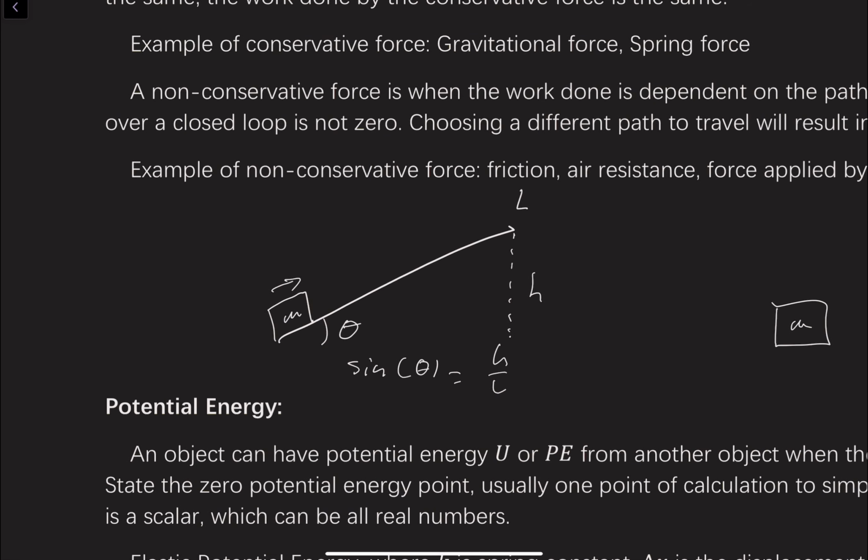So the work is equal to F D cosine theta. If you analyze the force, it should be mg sine theta times this length L. But what is this?